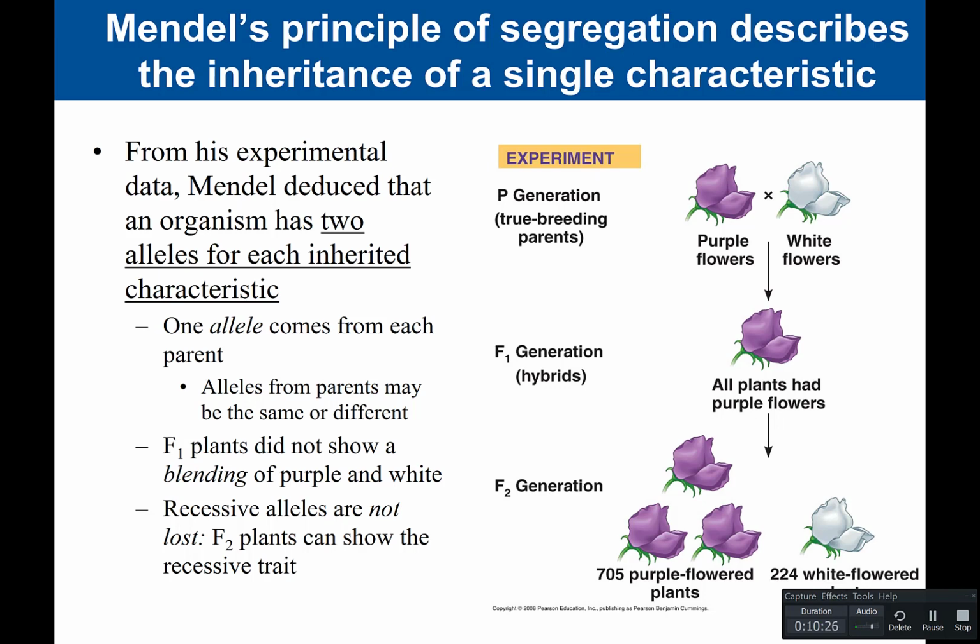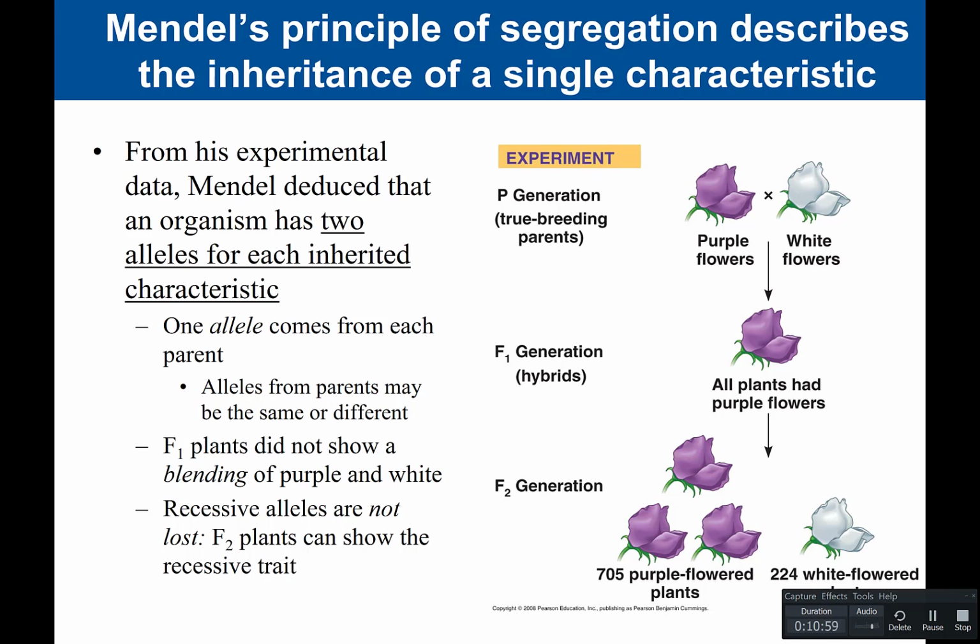When he crossed them, he found that all of the plants had purple flowers. There wasn't a blending event. It wasn't that the flowers were in between. They weren't lavender. They were purple, just like one of the parents. However, when he took those purple flower plants that were the offspring of the parentals and crossed those, he saw that 3/4 were purple flowers and 1/4 were white flowers.